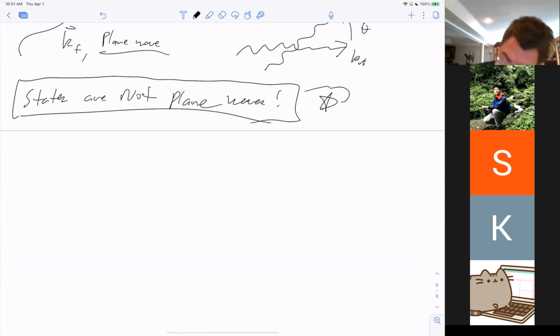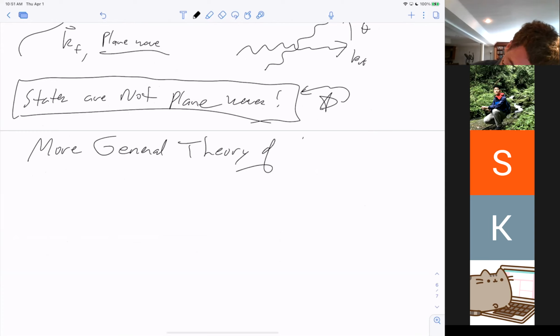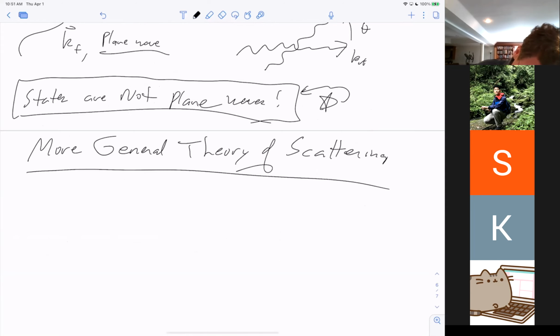So what happens when the states are not plane waves, which is actually the more general case. So what we need is a more general theory of scattering, which takes into account the fact that the states are not always plane waves.